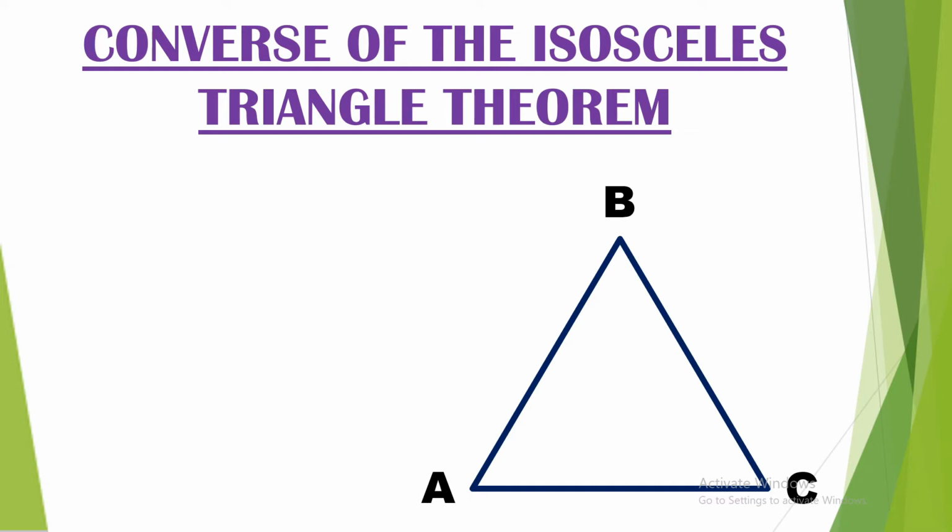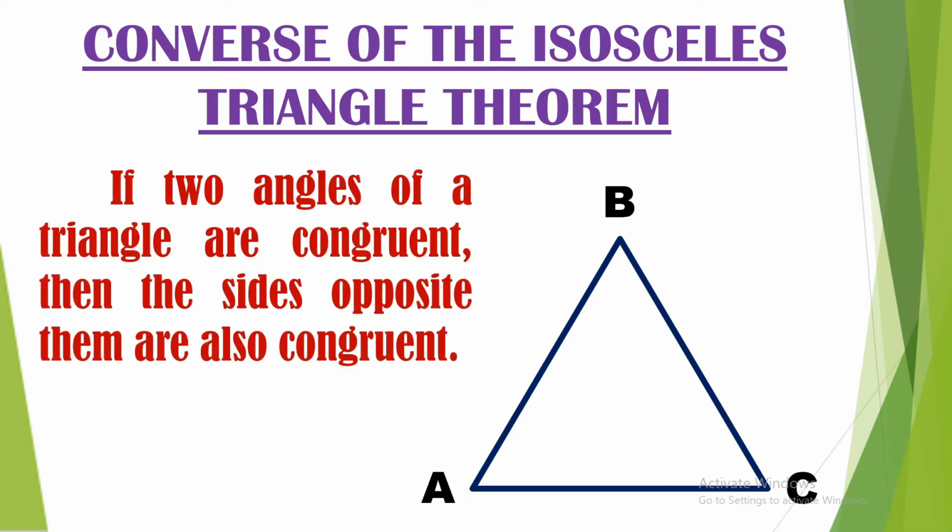Next, we have the converse of the isosceles triangle theorem. If you can still remember, when we say converse, the hypothesis and the conclusion of a given if-then statement are interchanged. So for the converse of the isosceles triangle theorem, it states that if two angles of a triangle are congruent, then the sides opposite them are also congruent. So if, say for example, in triangle ABC, angle A is congruent to angle C, then the sides opposite those two angles are also congruent.